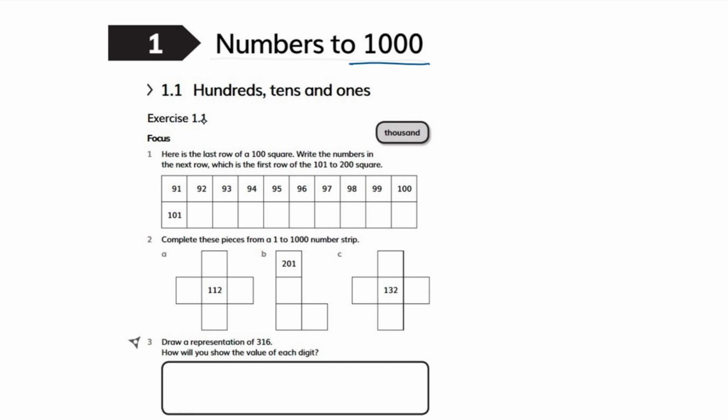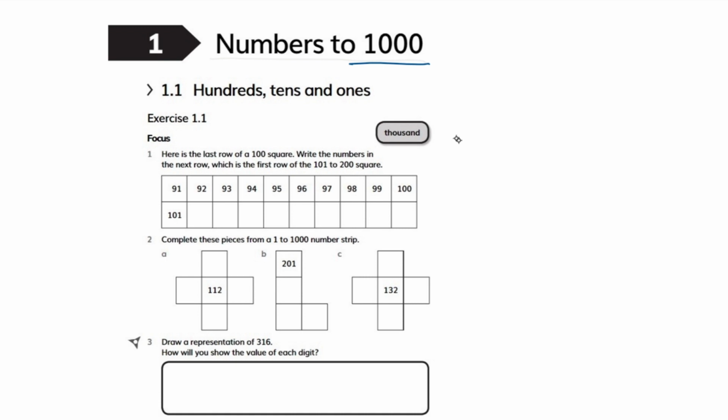In the first question, it says, here is the last row of a 100 square. Write the numbers in the next row, which is the first row of the 101 to 200 square.